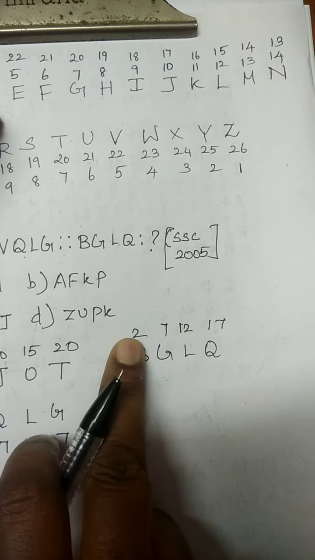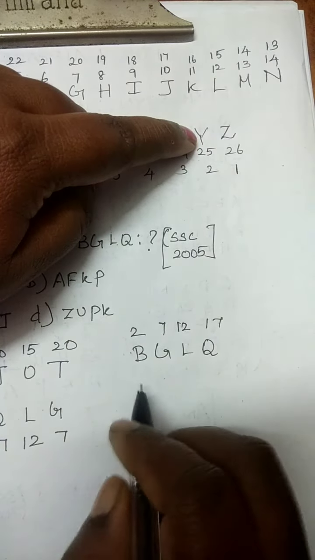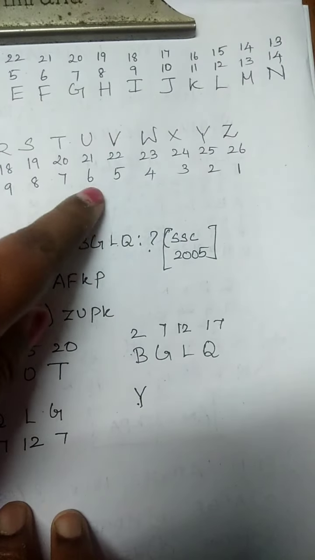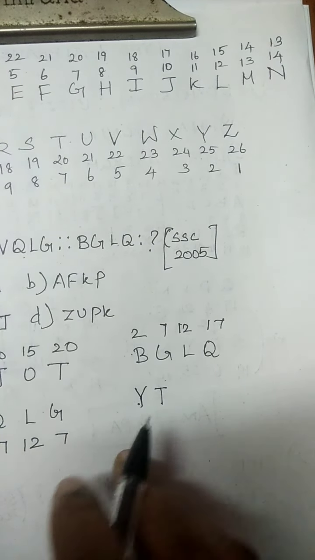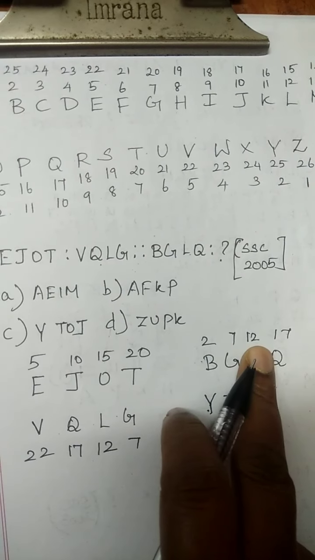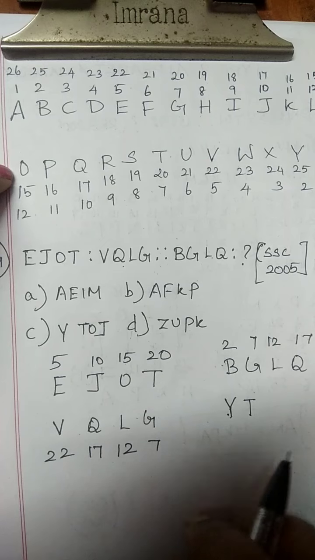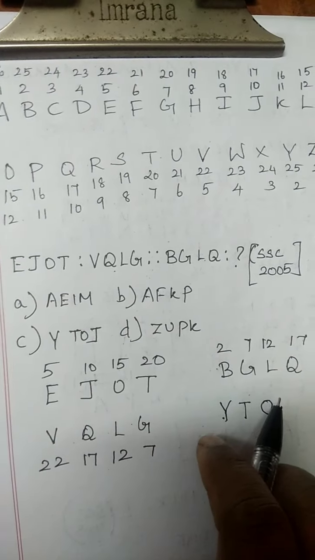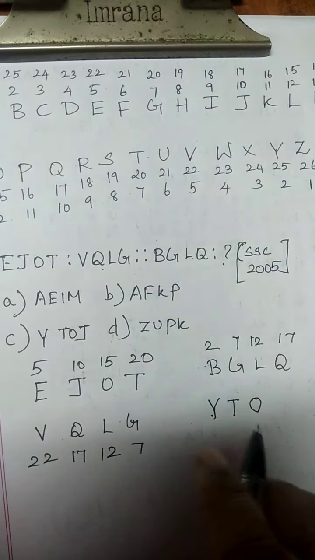For the same number 2, here it is Y. For 7 in reversal order, it's T. For 12 in reversal order, it's O. For 17 in reversal order, it's J.